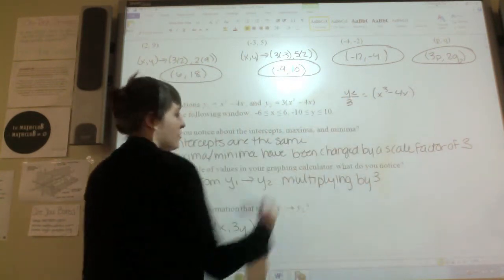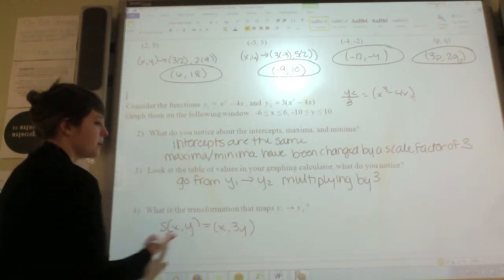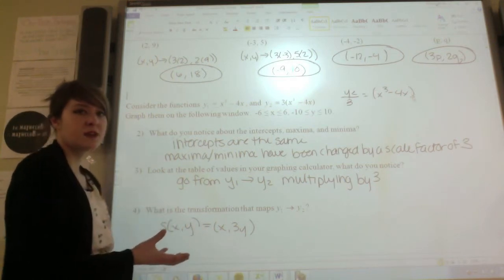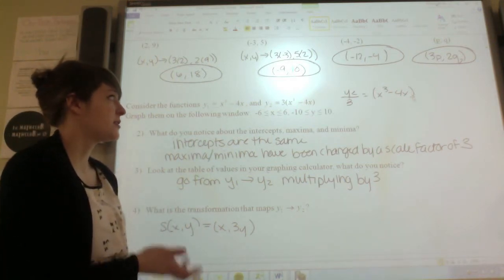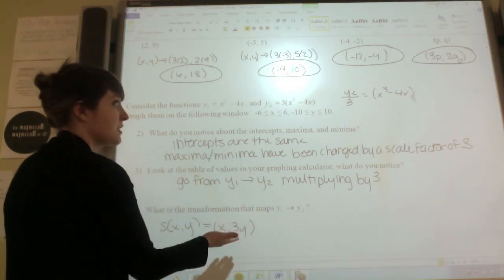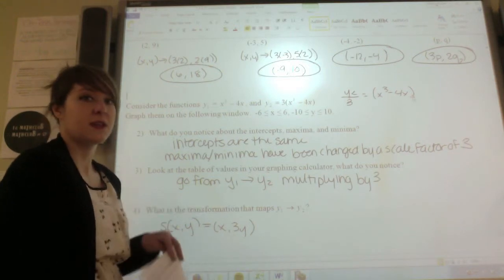So I'm dividing my y values by 3, which is why in my scale change equation, I'm multiplying my y values by 3. So it's the same thing that we were doing with the graph translation theorem, where between my translation and my actual equation, I'm doing the opposite things.